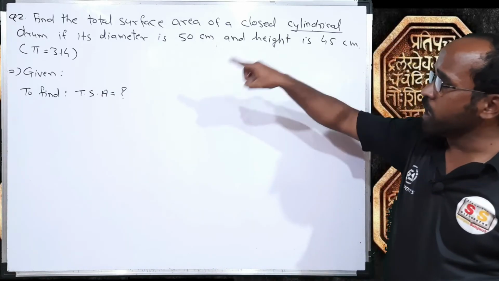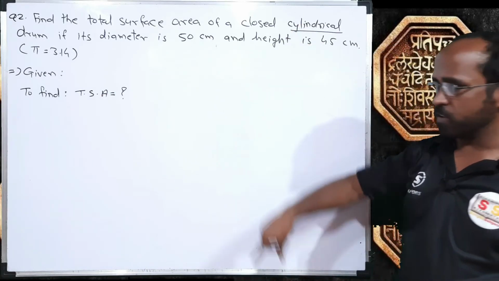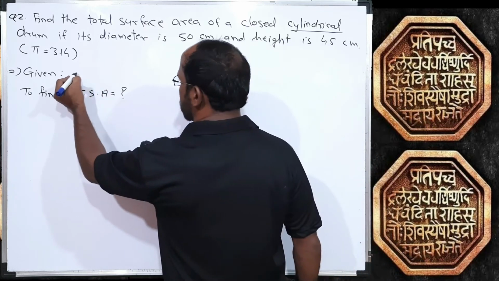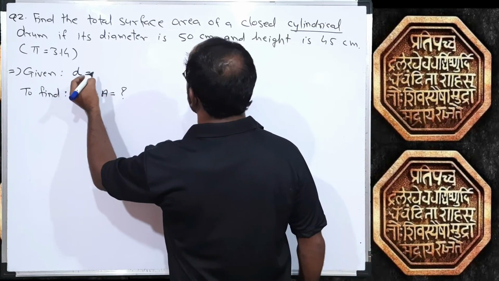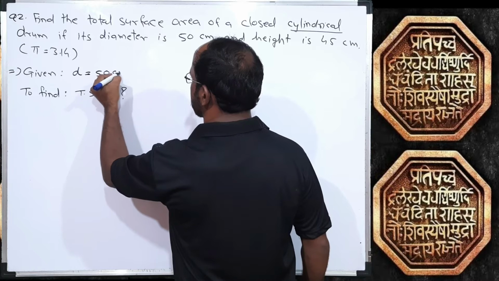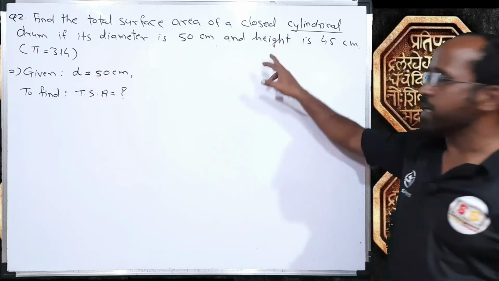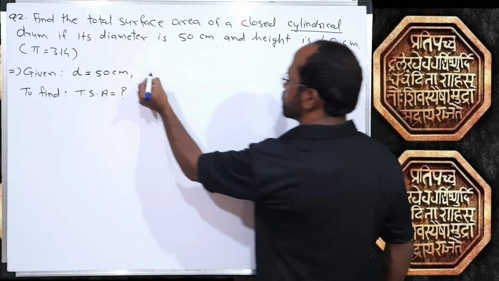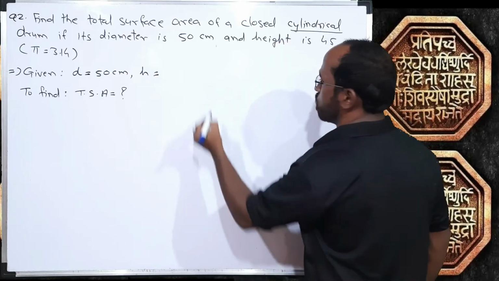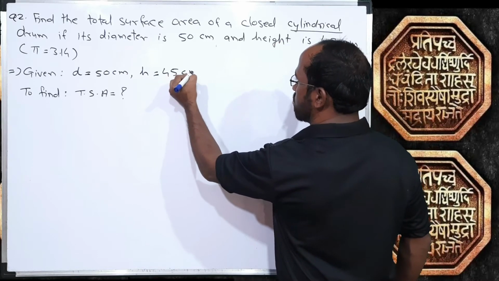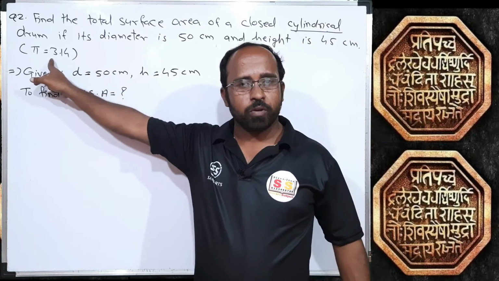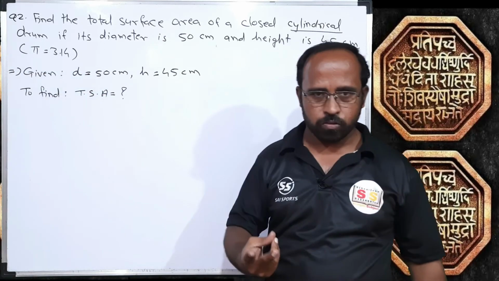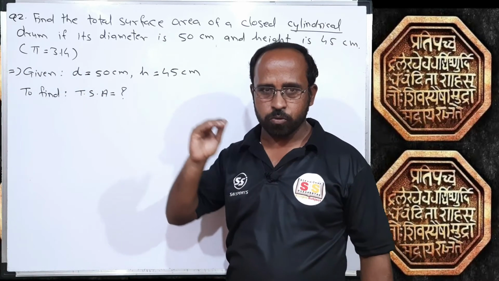If its diameter is 50 centimeter, what is given? Diameter, which is denoted as D. D is equal to 50 centimeter, and its height, H, is equal to 45 centimeter. Pi is equal to 3.14. There are two values of pi. One is in fraction, that is 22 upon 7.